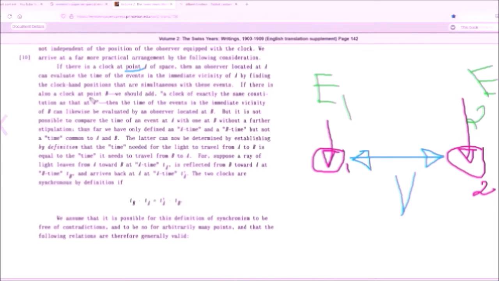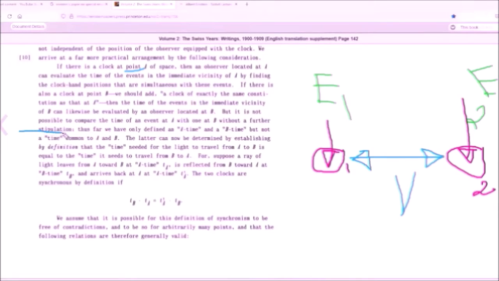If there is also a clock at the point B, we could add a clock of exactly the same constitution as that at A. Then the time of the events in the immediate vicinity of B can likewise be evaluated by an observer located at B. So we have two observers now. But it is not possible to compare the time of an event at A with one at B without a further stipulation. What is the stipulation?